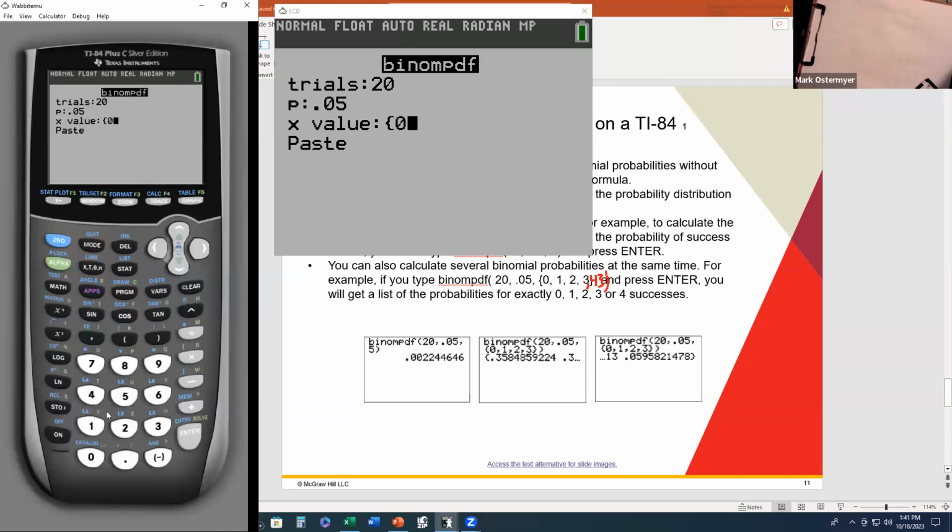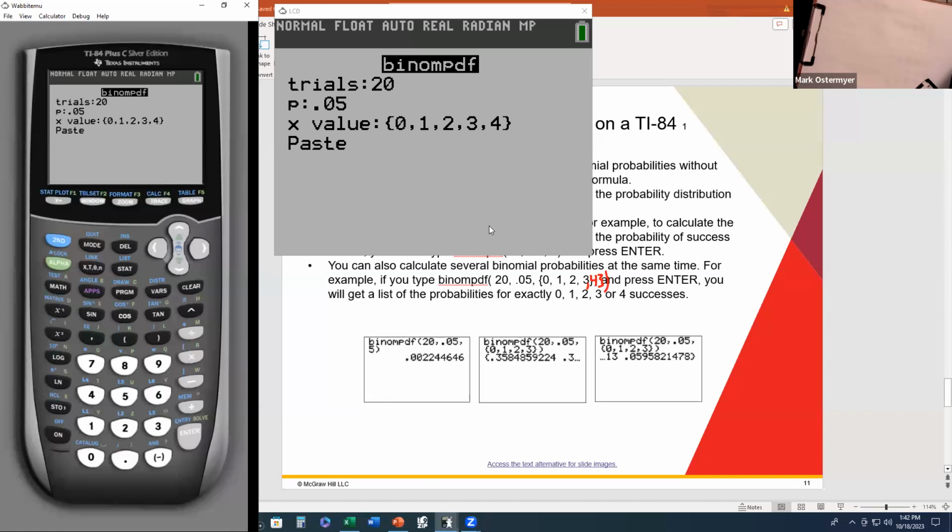And I'm going to type in 0, comma 1, comma 2, comma 3, comma 4. Closed brace is above your closed parenthesis. Second closed parenthesis. This is saying, ladies and gentlemen, I want this binomial PDF function to compute 5 different probabilities. The probability of having 0 successes, 1 success, 2 successes, 3 or 4 successes.